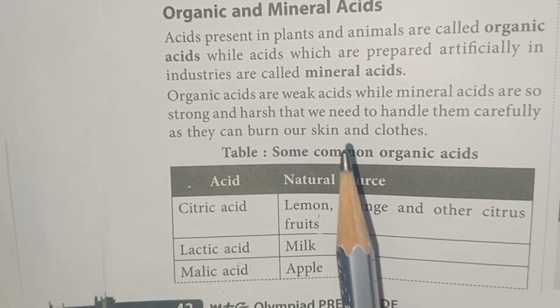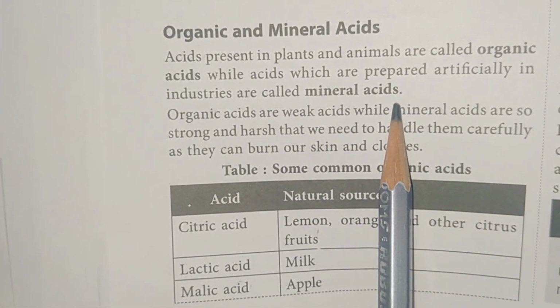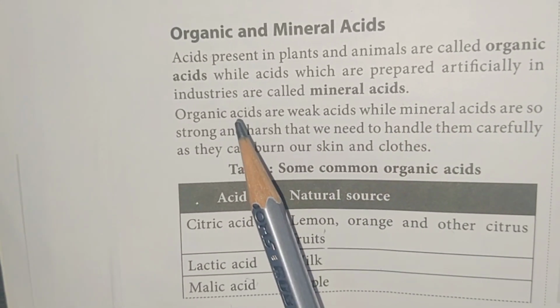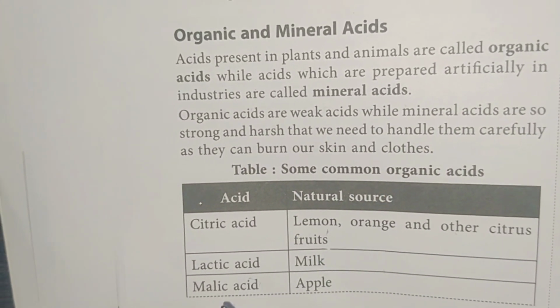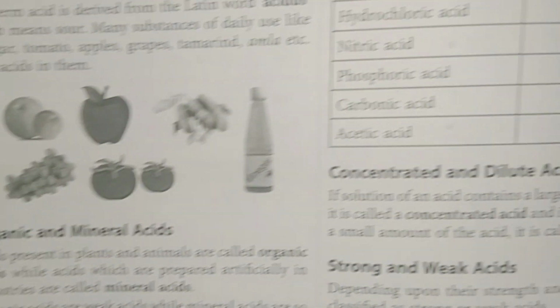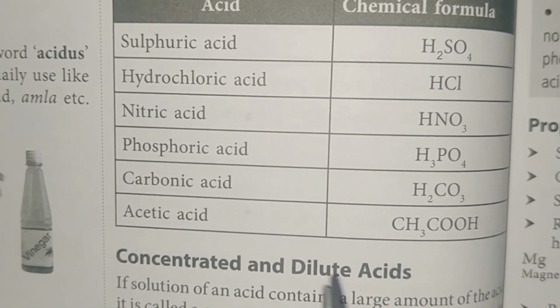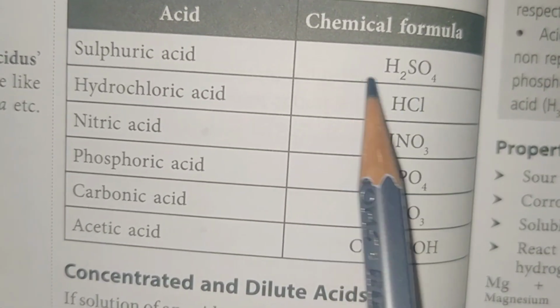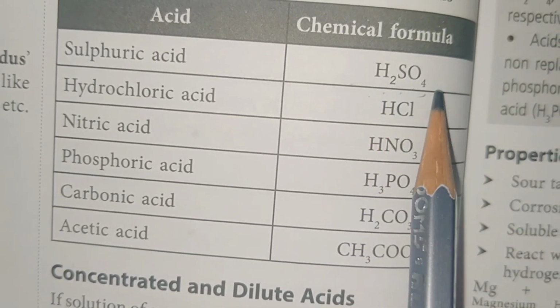Now next is mineral acid. Those acids which are prepared artificially in industries are called mineral acids, like sulfuric acid, nitric acid, hydrochloric acid. Do you know the king of chemicals? King of chemicals is sulfuric acid, H2SO4.